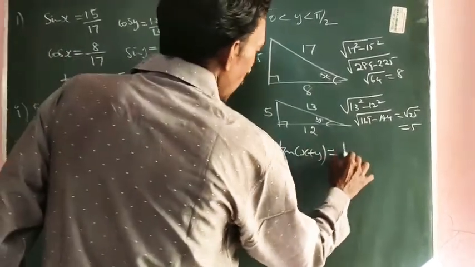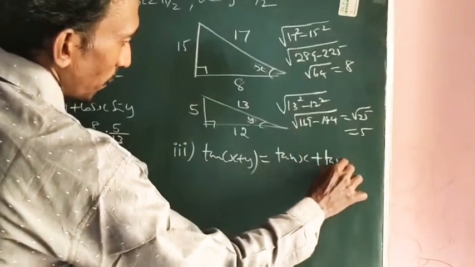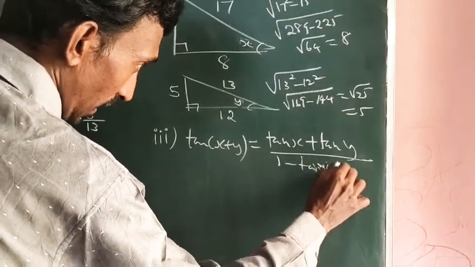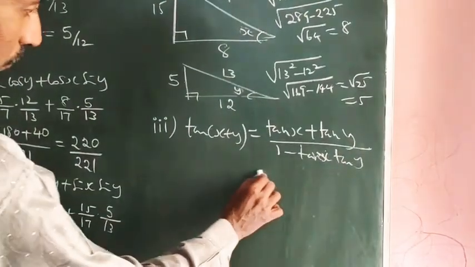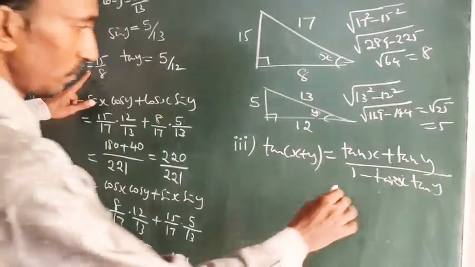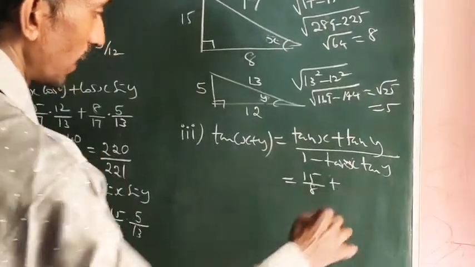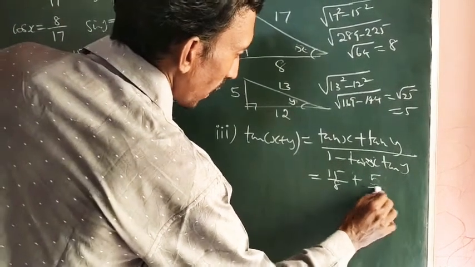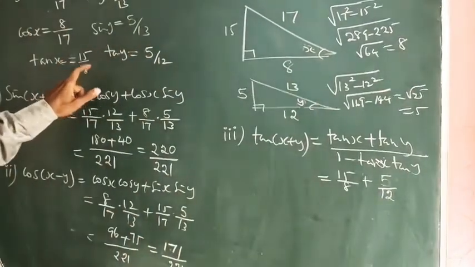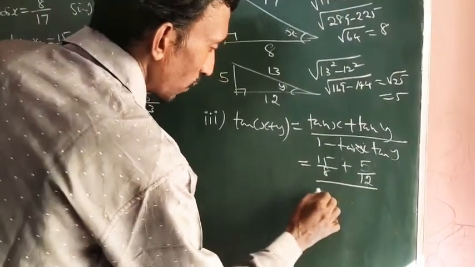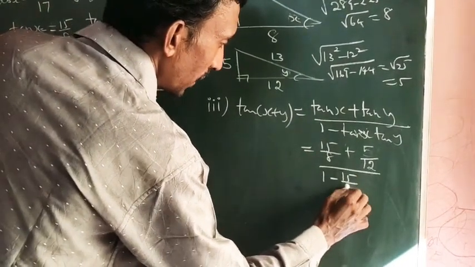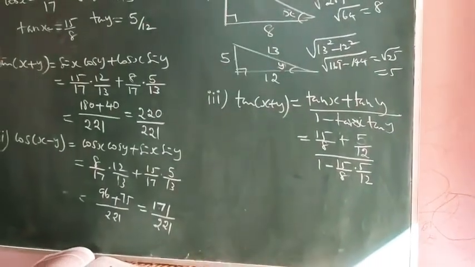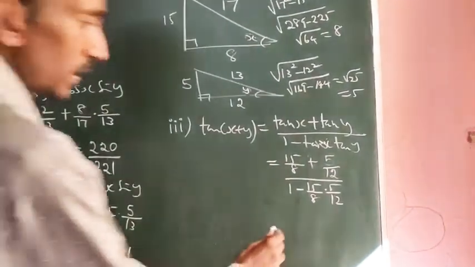Third subdivision, our aim is to find out tan(x+y). So it is (tan x plus tan y) by (1 minus tan x into tan y). So what is tan x? 15 by 8, plus tan y, 5 by 12, over 1 minus 15 by 8 into 5 by 12. Again 8 12s are 96.